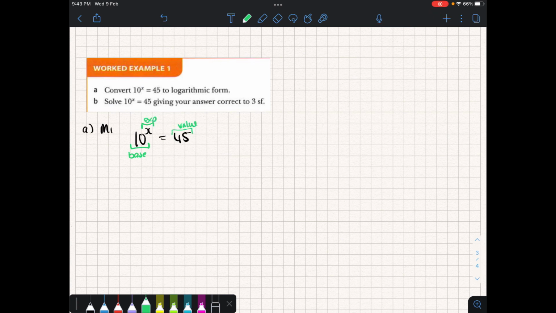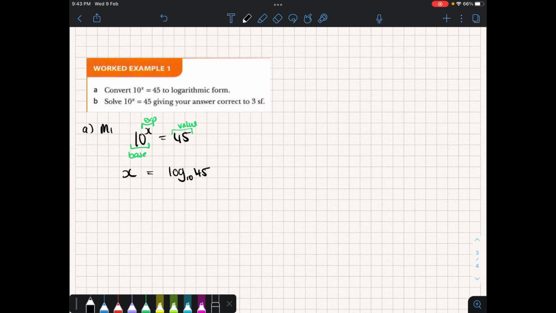Simply by rearranging into log form, we can convert this. So we start off by making the exponent the subject, which was x in this case, equal to a log. We keep the same base, and we put the value next to the base. This is the most intuitive way of converting logs.